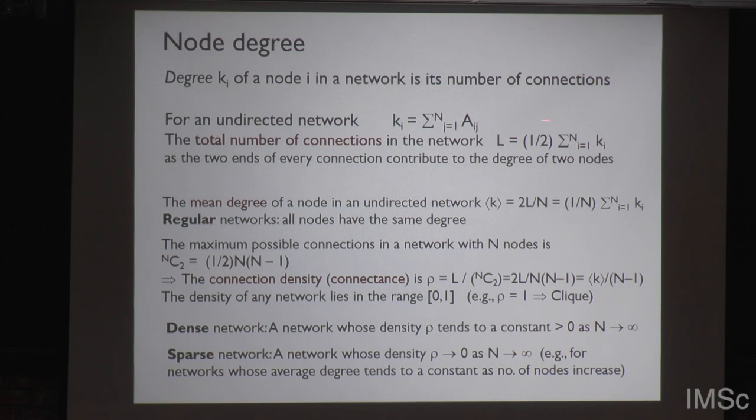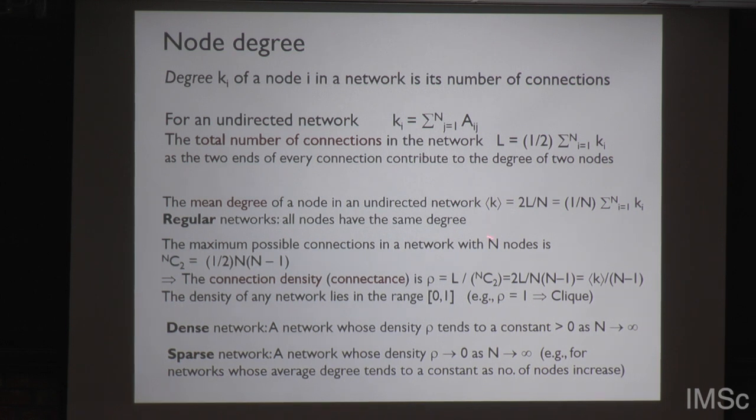Okay? And the division by 2 is basically to take into account the fact that the two ends of every connection essentially contribute to the degree of two nodes. So the mean degree of a network is related to the total number of connections L and the total number of nodes, as we saw.